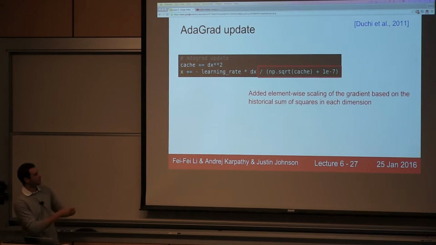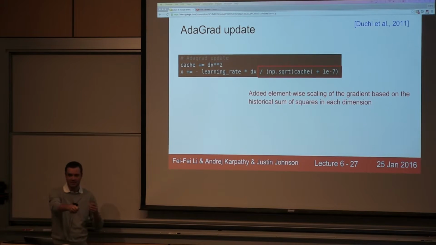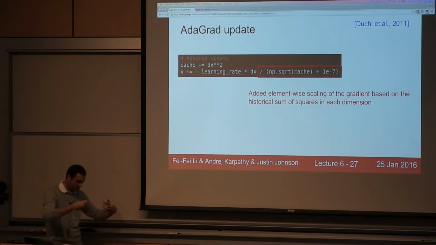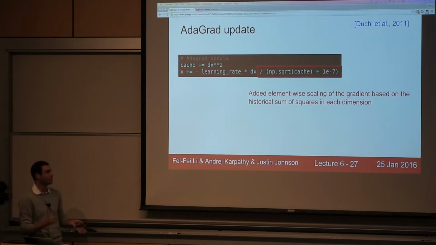Note here that this cache, which is the sum of gradients squared, contains positive numbers only. And note that the cache variable is a giant vector of the same size as your parameter vector, so this cache builds up in every single dimension. We're keeping track of the sum of squares of the gradients, or as we sometimes call it, the second moment, although it's the uncentered second moment.